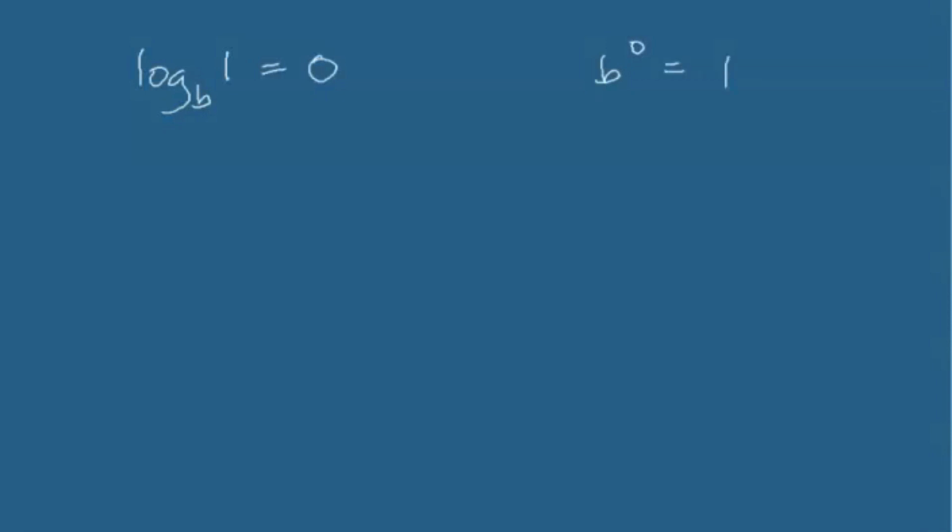Also, the logarithm of a number to the same base, let's say a to the base a, is equal to 1, because in the exponential function, a base raised to 1 is equal to a.